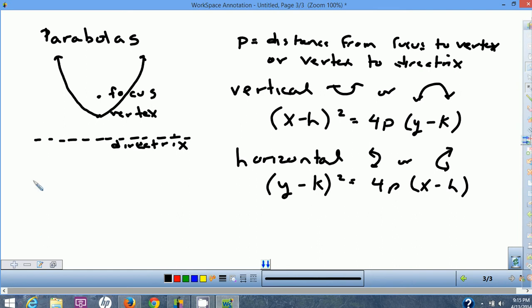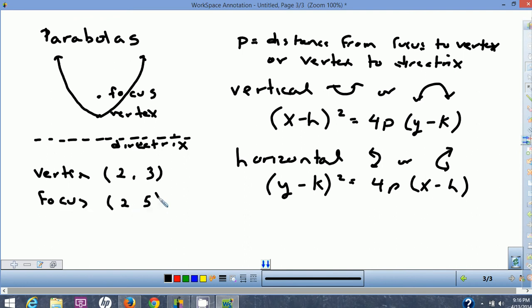So if I tell you that I have a parabola that has a vertex at the point (2, 3), and has a focus at the point (2, 5), can we find the equation for this parabola? Well, sure we can. Well, what are h and k? h and k are the vertex. So in this case, h is equal to 2, and k is equal to 3.